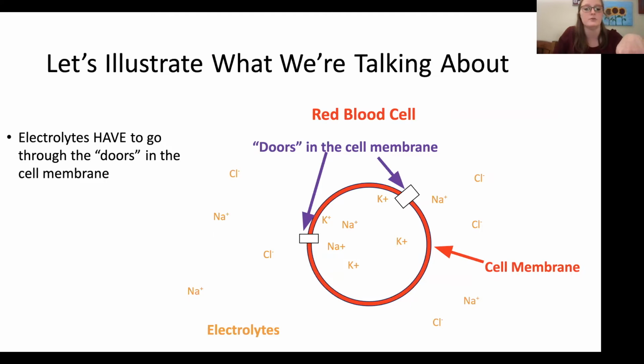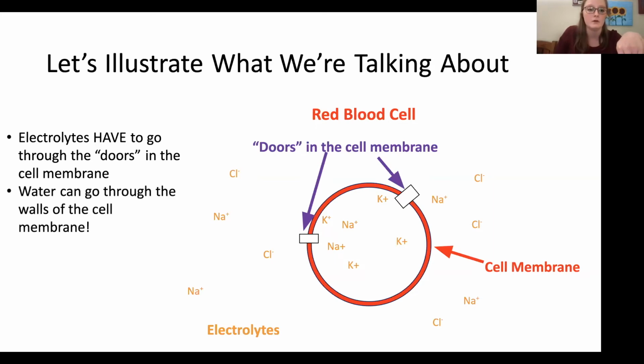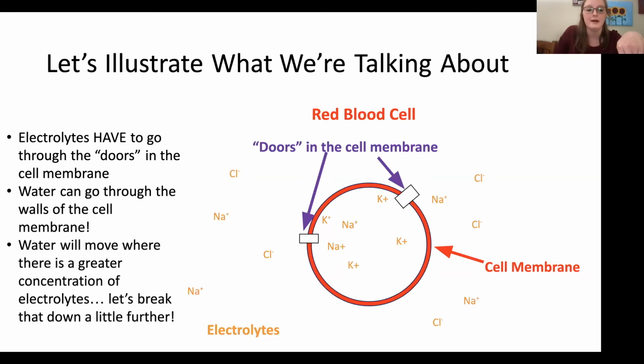Electrolytes have to go through the doors. These doors are made specifically for them in the cell, which is pretty cool. But water can hang out and go wherever it wants to. So if you'll notice, there seems to be a higher concentration of electrolytes inside the cell. So there's more water in here than there is out here. There's 1, 2, 3, 4 waters inside the cell right now, but only 3 on the outside of the cell.